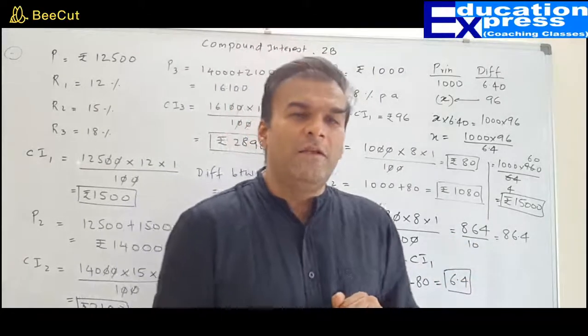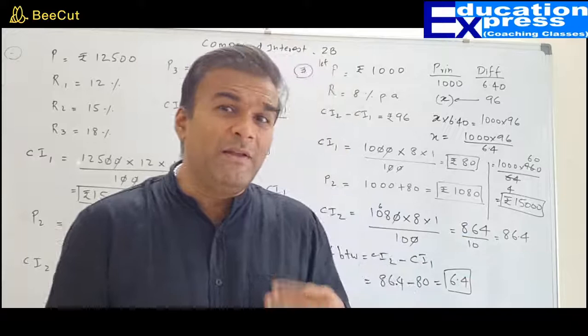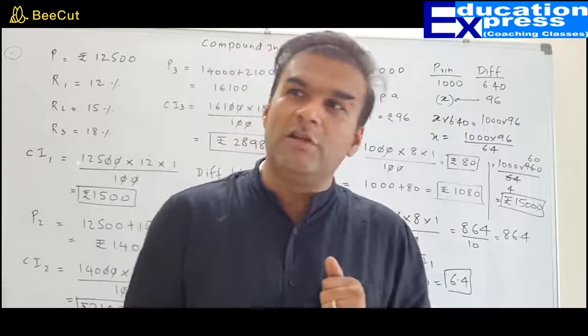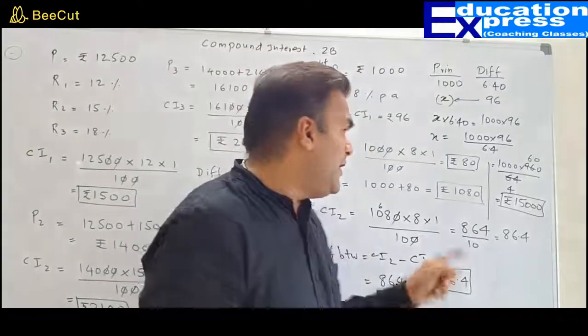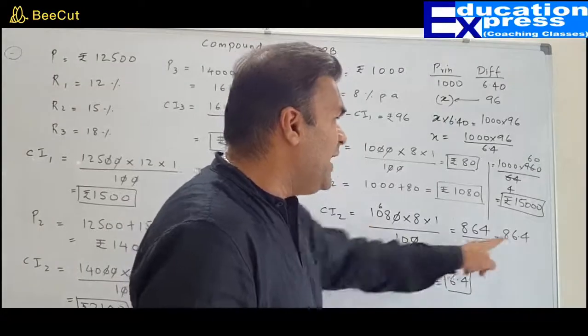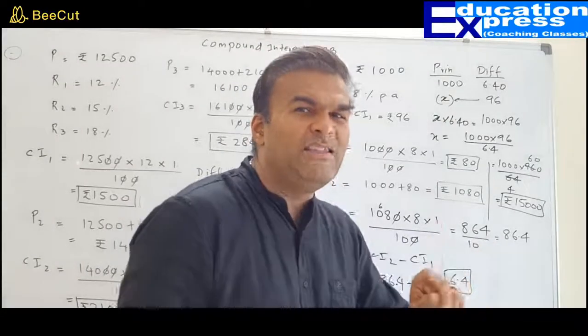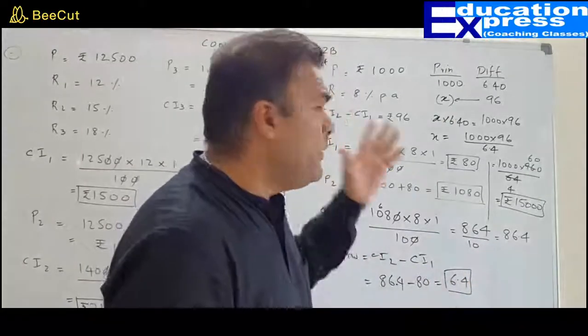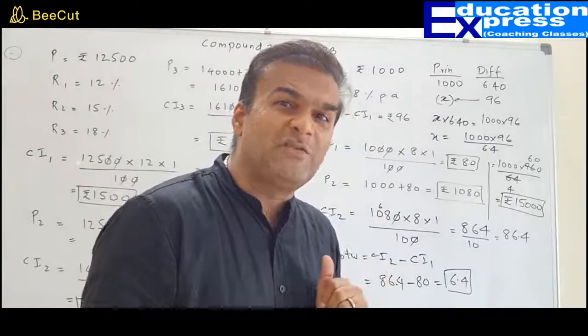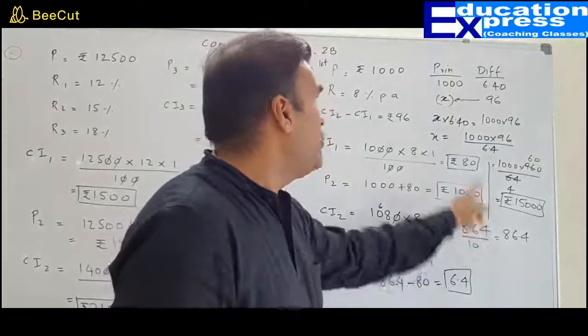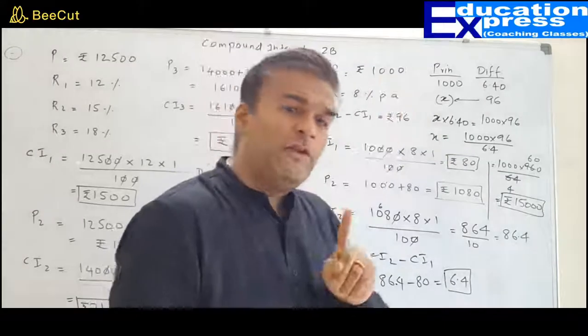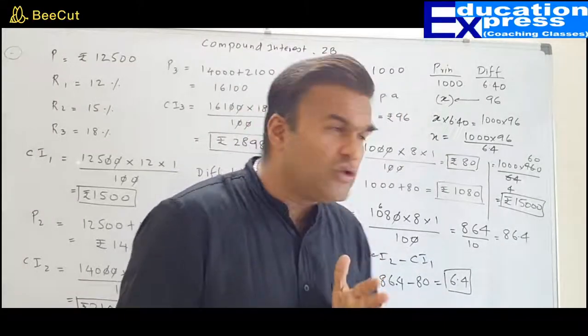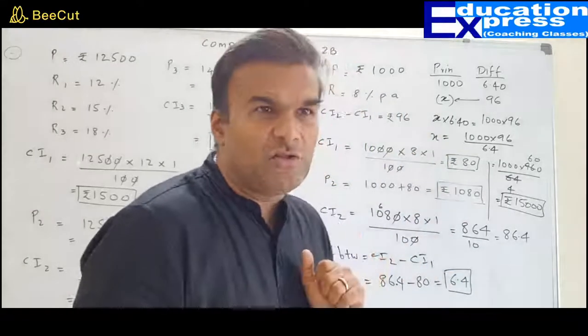So what will happen? The decimal would invite more difficulty, because of the decimal your question would become even more difficult. Here I took 1000, yet I am getting 86.4. One decimal is yet manageable. How to manage two decimals, 0.64 and all? So I took this as 1000. If you wish, you can do the same sum by 100 also. You are going to get the same answer.